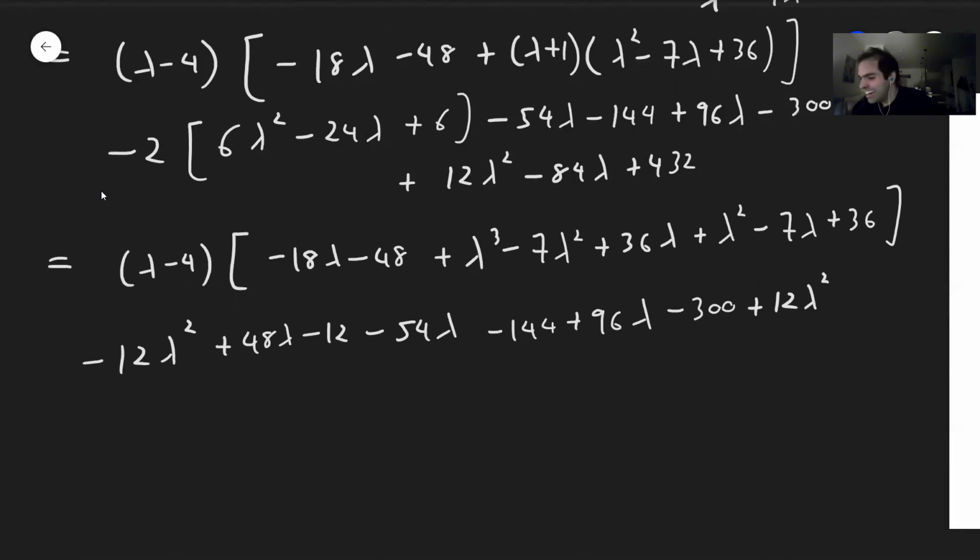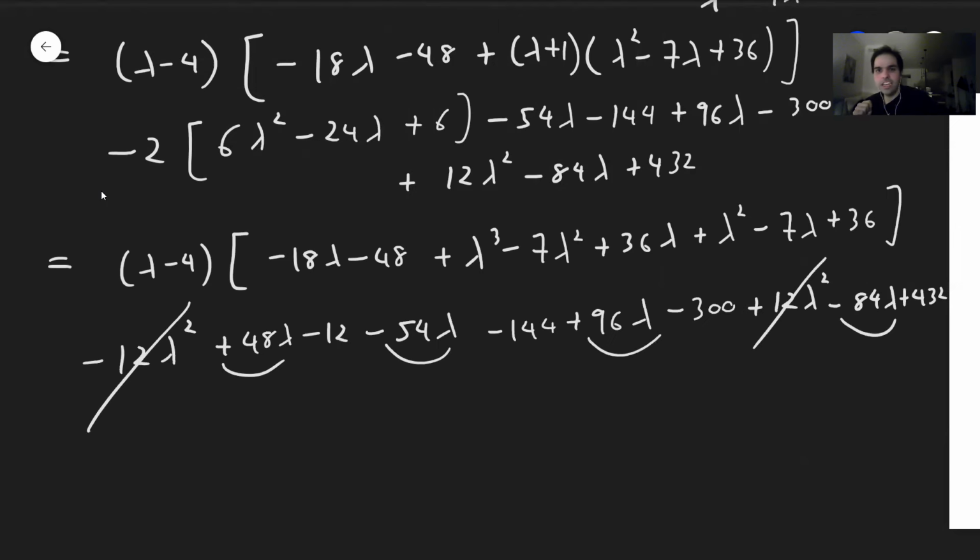This is Sparta. Minus 84 lambda plus 432. And I believe here we can simplify some stuff, because the nice thing is the 12 lambda squares cancel out, and then we can put the 48 lambda, minus 54 lambda, 96 lambda, 84 lambda together, and we can put minus 12, minus 144, minus 300, and 432 together.